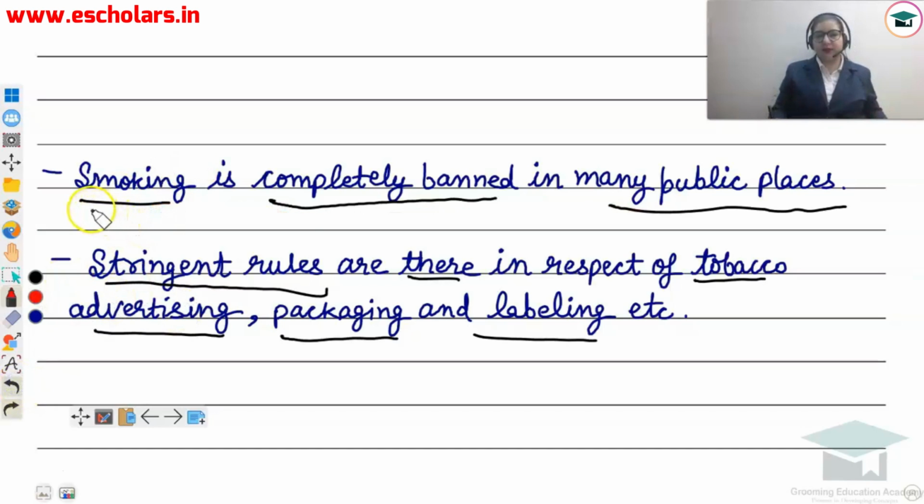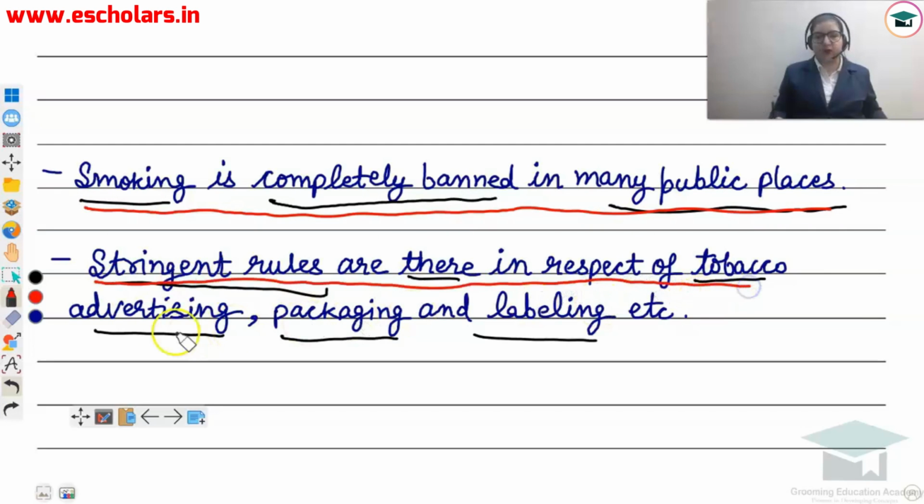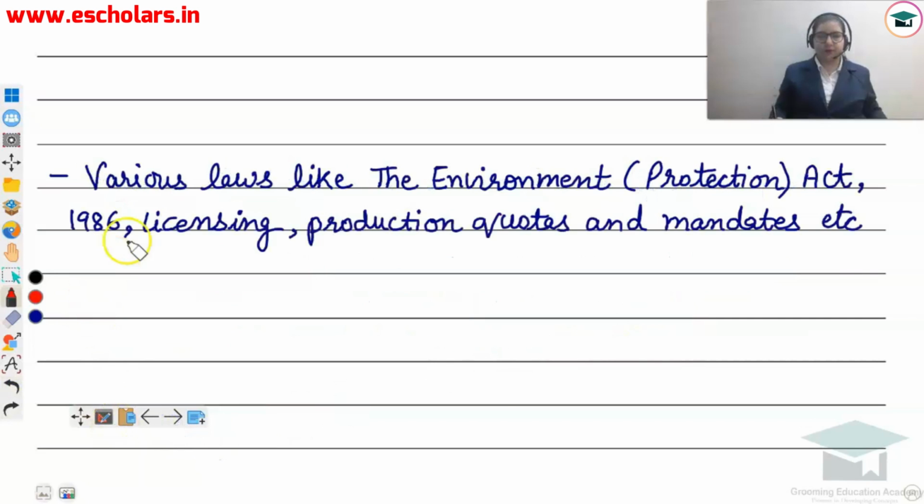So let's recall it till now. Smoking is completely banned in many public places. Stringent rules are there in respect of tobacco advertising, packaging and labeling, etc. Now there are various laws like the Environment Protection Act 1986.